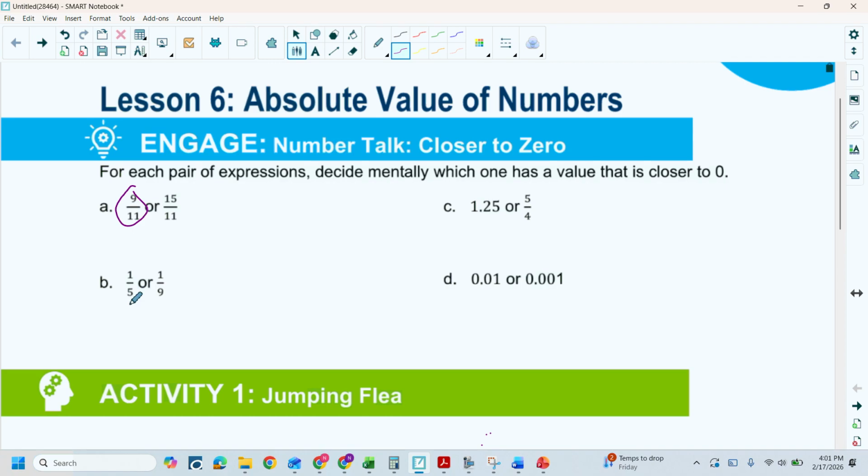Now, 1 out of 5 and 1 out of 9. Think of this as probability. You have a greater chance of winning if you have a 1 out of 5 chance than a 1 out of 9 chance. So that means 1 out of 9 is closer to 0.